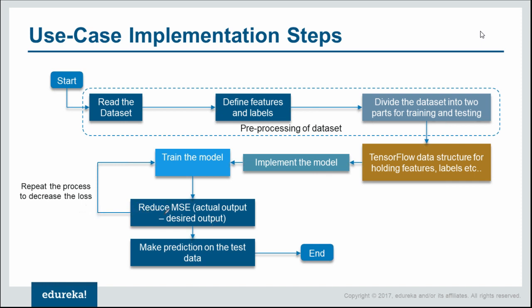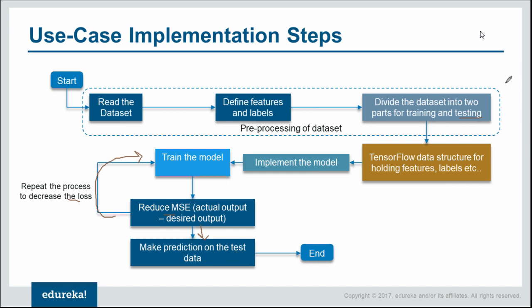Basically, on the basis of the differences between the expected output and the output generated by our model, we will repeat this step and adjust the weights so that we can decrease the loss. And then it will also do the prediction on the test data set, right? These are the test data on which we have not trained our model. So this is the way we do this.